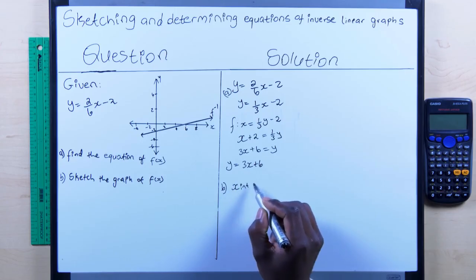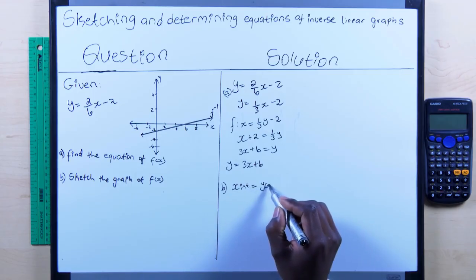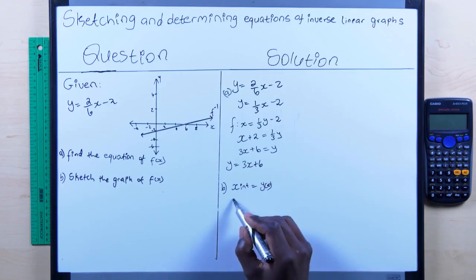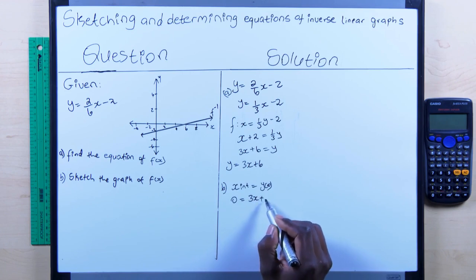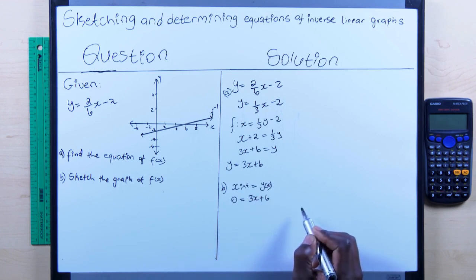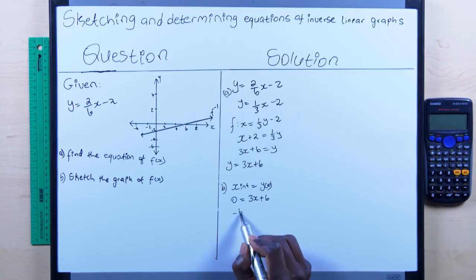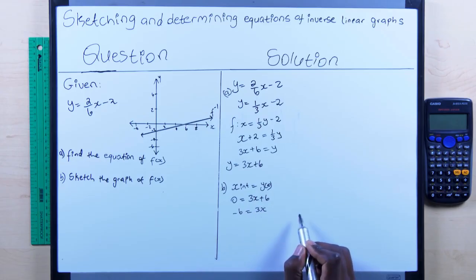The x-intercept is when y is equal to 0. What do we get? 0 equals 3x plus 6. Then take 6 to the other side: minus 6 is equal to 3x.